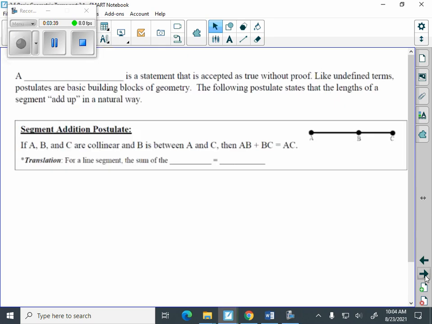A statement that is accepted as true without proof is called a postulate.